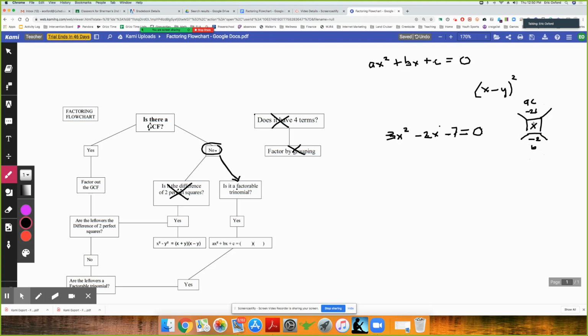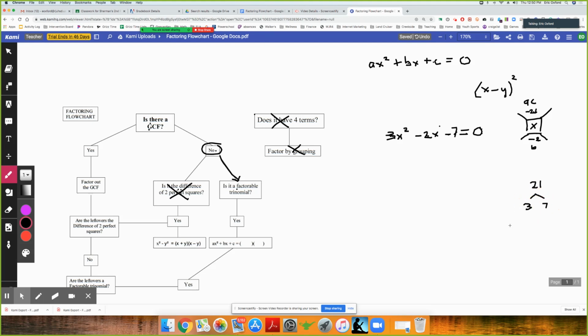So what I'm looking for are numbers that will add up to be negative 2, but multiply to be negative 21. I'm sorry, I miswrote. I meant to write 21 here. So I'm looking for factors of 21. And there are only 2 factors of 21, 3 times 7.